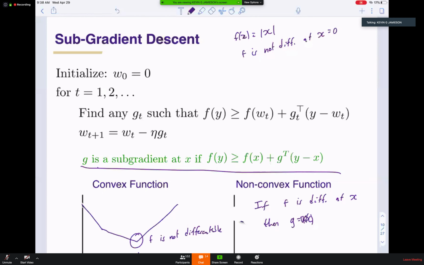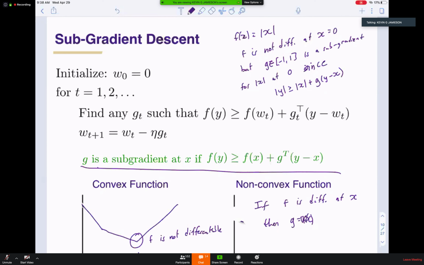For instance, any g in negative 1, 1 is a subgradient for the absolute value of x at 0, since f of y is greater than or equal to f of x plus g times y minus x for any g in negative 1, 1.